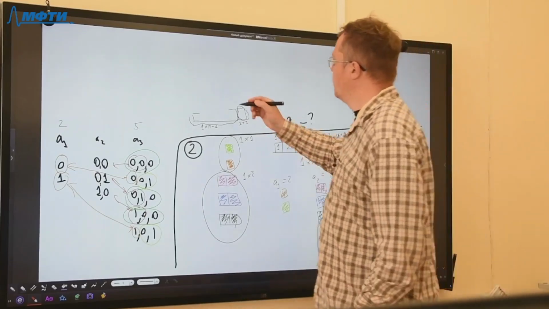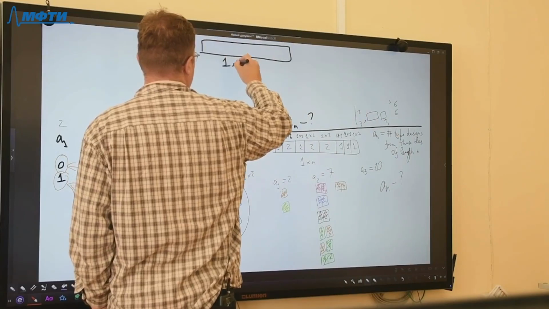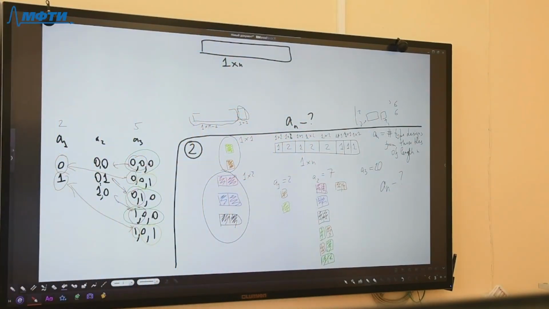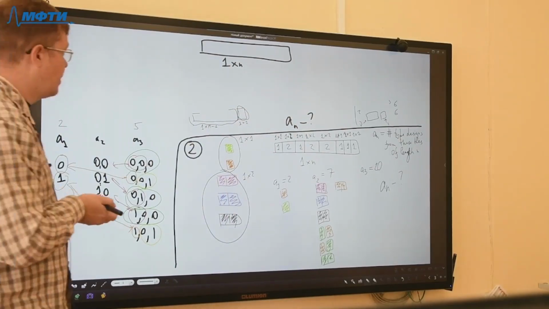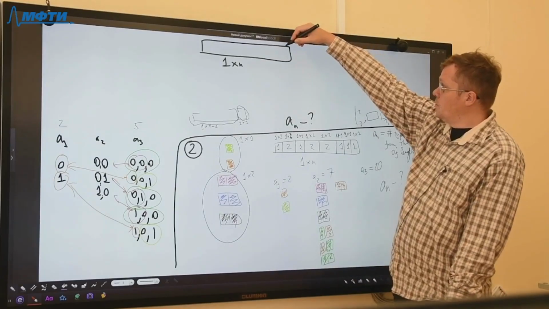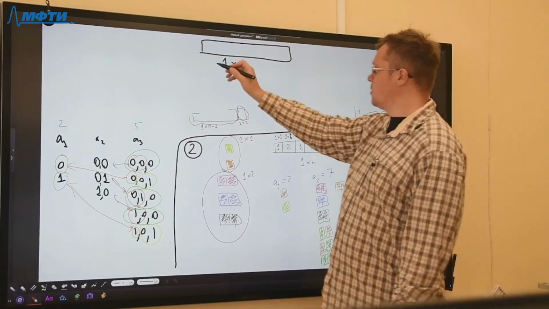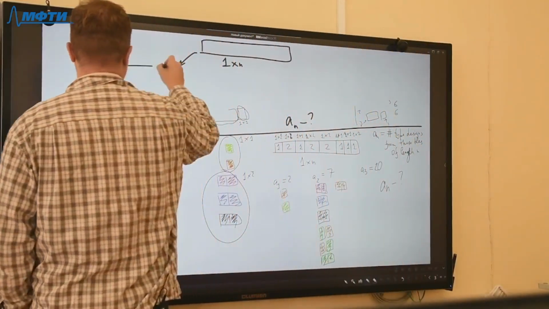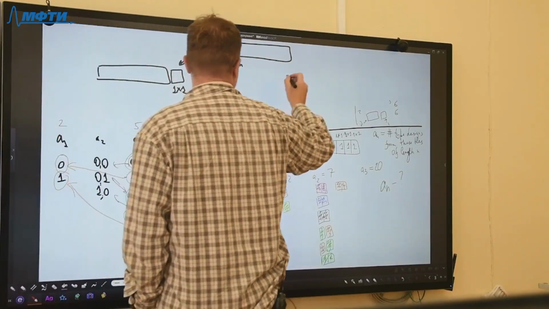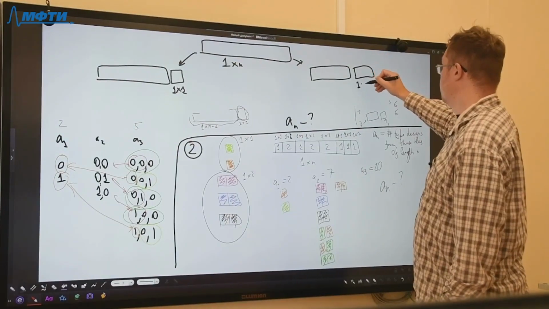So again, if we look at this pattern of length n, let's start from the last tile on the right. Which form can the last tile be? We have two options. Either this tile is of length 1, or this tile is of length 2.